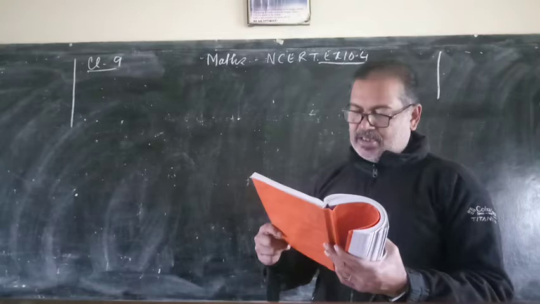Find the length of the string of each phone. So, two pieces of information are given. We have a circular park in a colony of radius 20 meter.